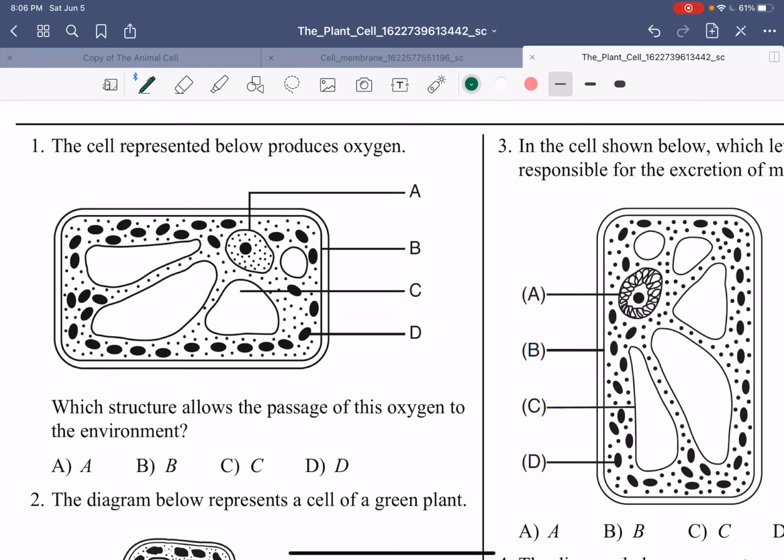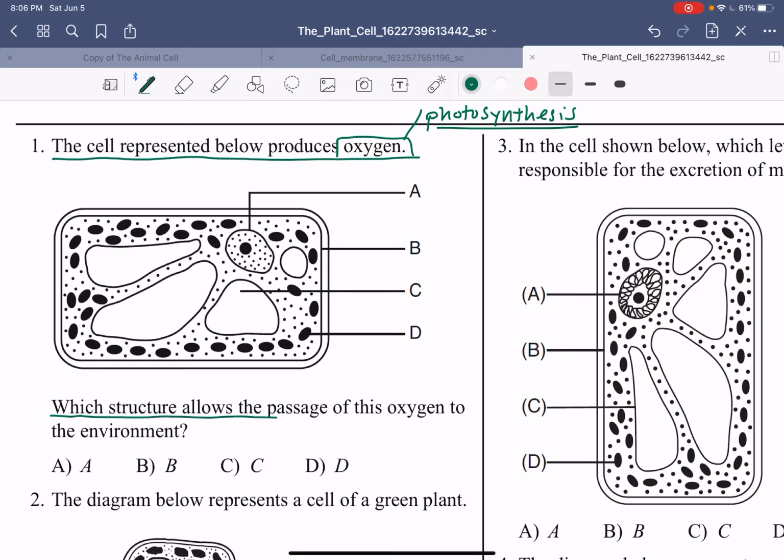Number 1, the cell represented below produces oxygen. Now, we know this from the process of photosynthesis. Plants produce oxygen through the process of photosynthesis. And again, we're going to learn about photosynthesis further in video number 5.